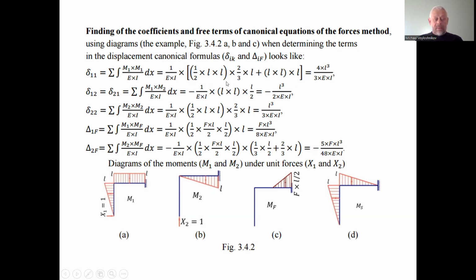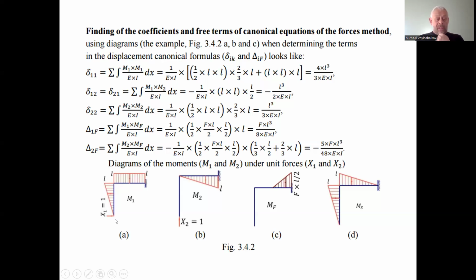Each summand in the bracket is a product of the area of the diagram of the bending moment. We consider the displacement in one direction on behalf of the force in the same direction, so we have to use the same diagram in the product in the numerator of the integrand.